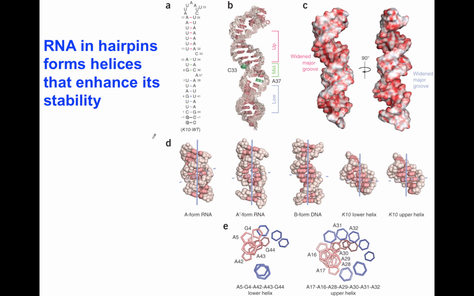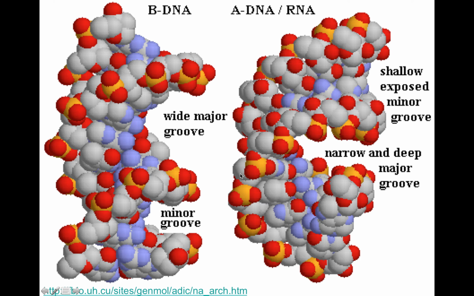Now, this structure makes the RNA molecule more stable than if it was just a long, floppy, single-stranded RNA molecule. This is the form that most RNA takes up. It's called an A form. You can also see DNA take this form up too under certain salt and pH conditions.